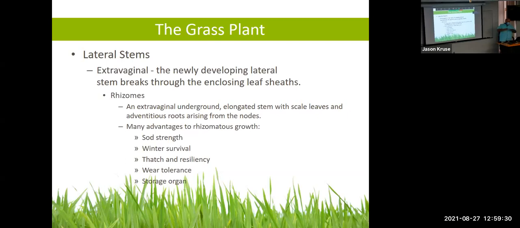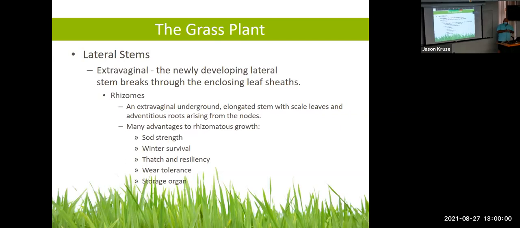If you've got this network of rhizomes underneath the soil and you do get some wear, then you've got nodes under there that can contribute new leaves and fill into the voids. Whereas if you were planted to 100% of something like perennial ryegrass, which is often planted together with Kentucky bluegrass, because it's a bunch type grass, what happens when the crown or core of the plant gets damaged?